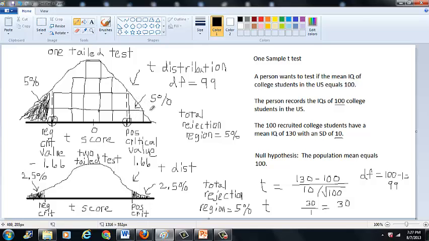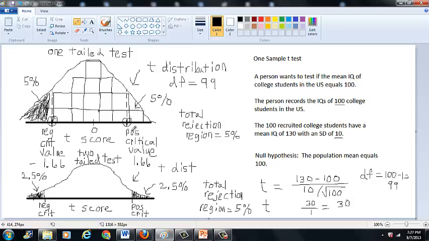That's why it said 0.05. So in a one-tailed test, it gave us the critical value with 5% beyond it at one end of the curve down here.